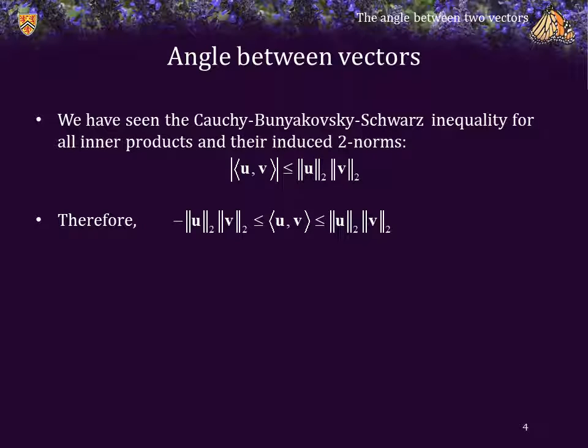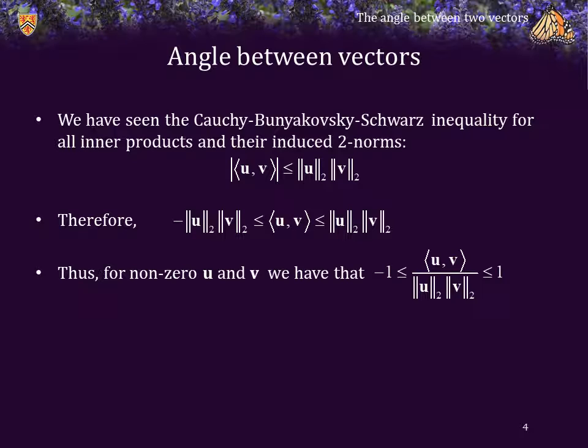Consequently, we may deduce that the inner product is bounded between the negative product of these 2 norms and the positive product of these 2 norms. If u and v are non-zero vectors, then we can divide by those 2 norms to get that this ratio is bounded between -1 and 1.